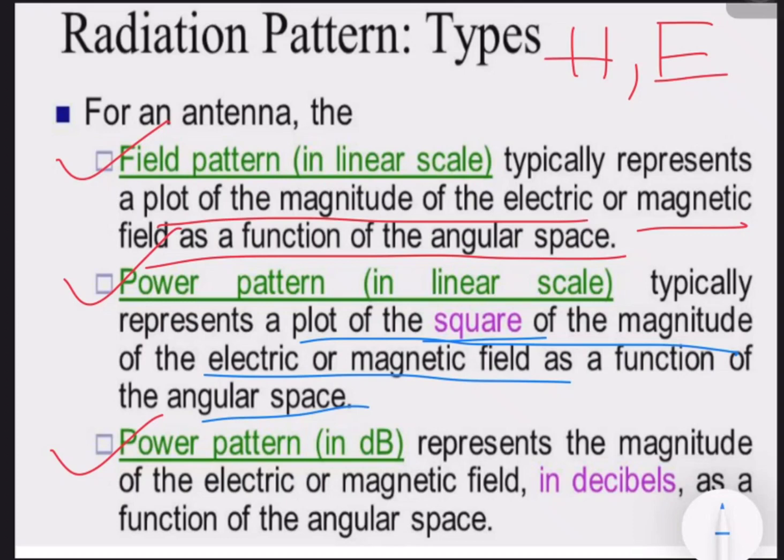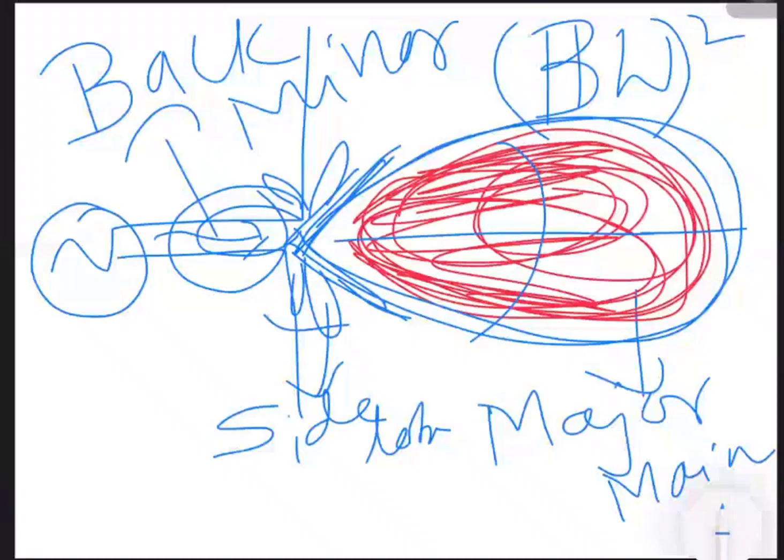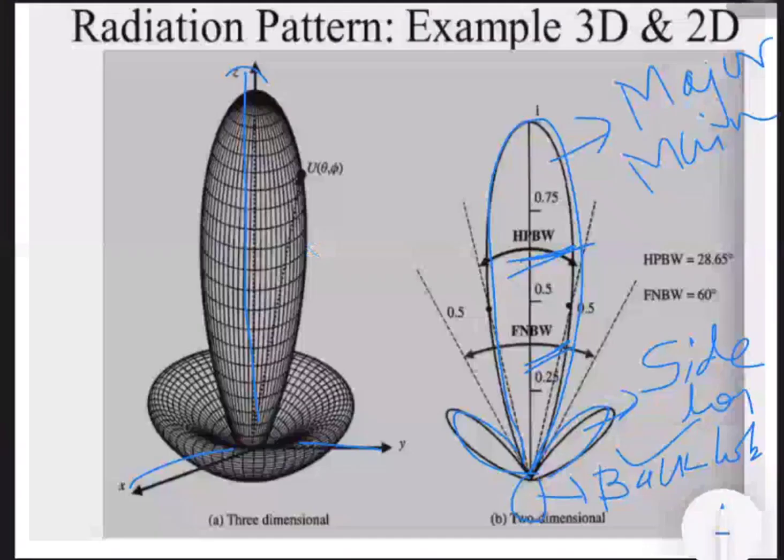And a radiation pattern of the antenna will always have lobes: the major lobe, the minor lobe, and the side lobes. Or they can also be called the main lobe, back lobe, and the null lobes or null points.